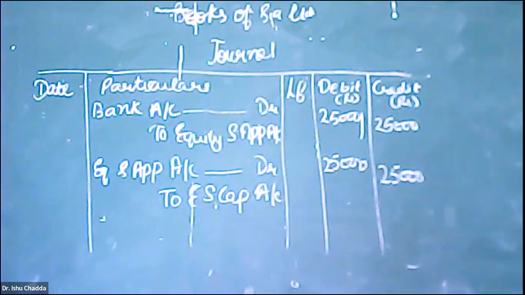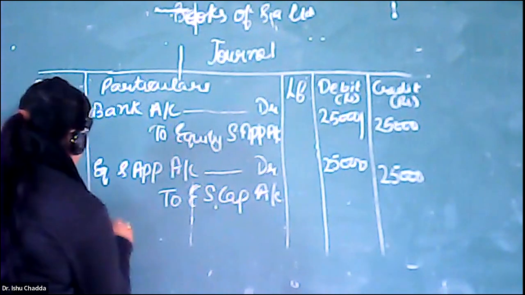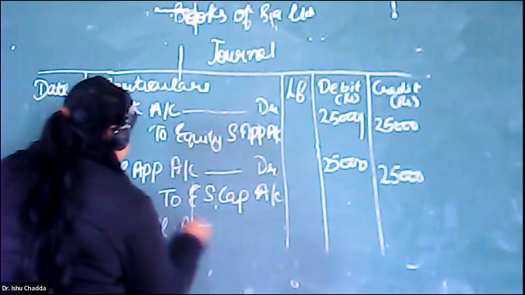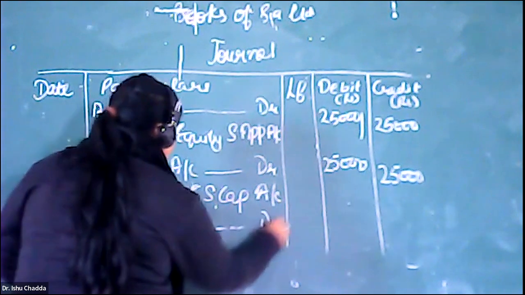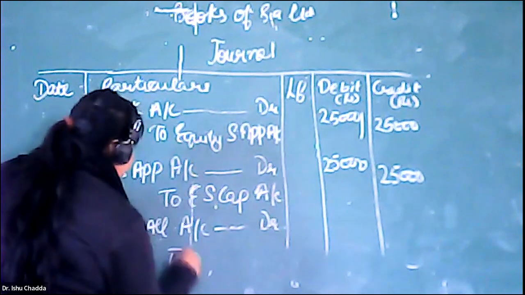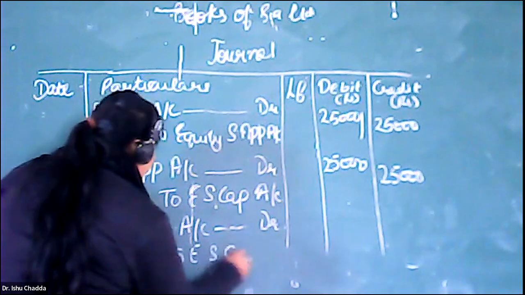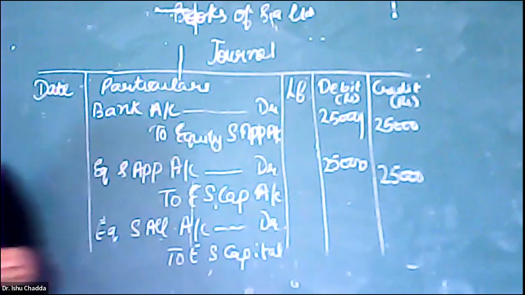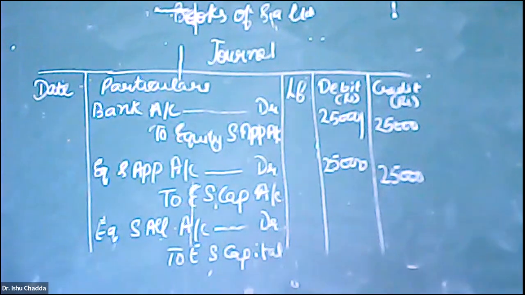The next step is allotment: equity share allotment account debit to equity share capital. They have said that they want to issue shares with 60% due on allotment.